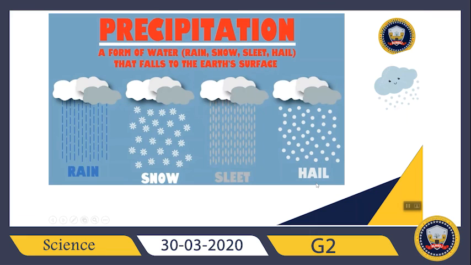And here, hail. It's like small balls like this. So we have 4 kinds of precipitation: rain, snow, sleet and hail. Let's see the next one.